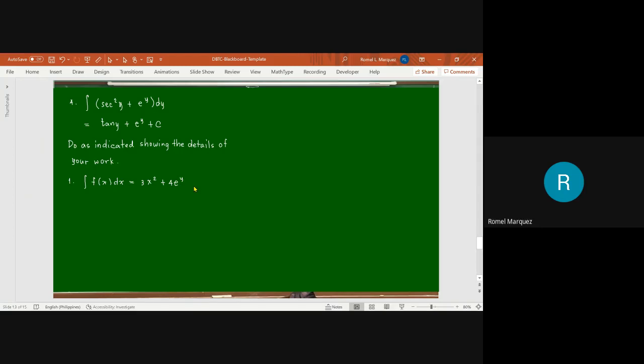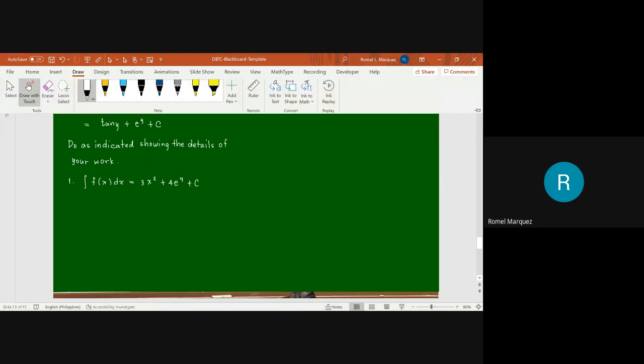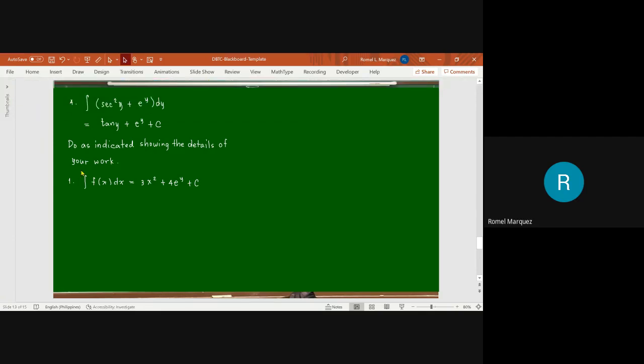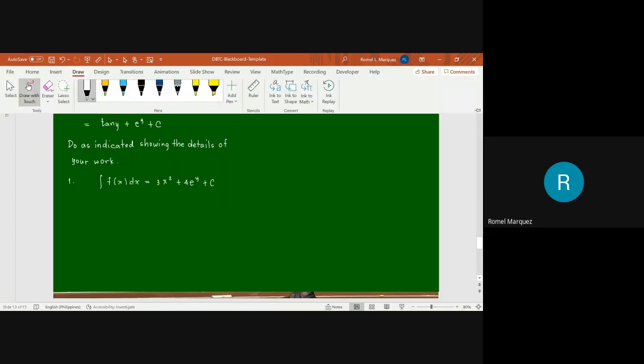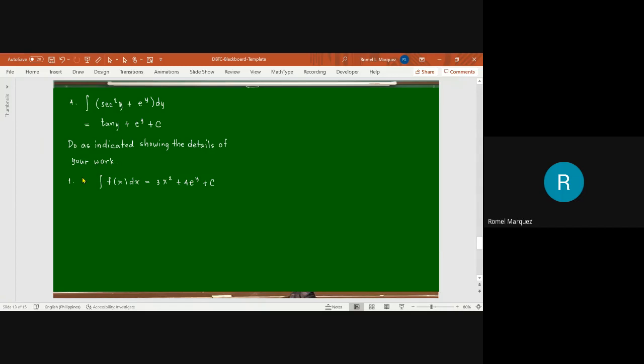So again, if the integral of f of x dx is equal to 3x squared plus 4e to the y plus c, we are asked to find f double prime of 0. What is f double prime of 0?